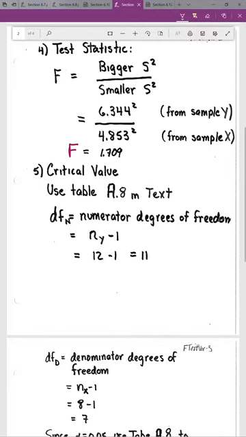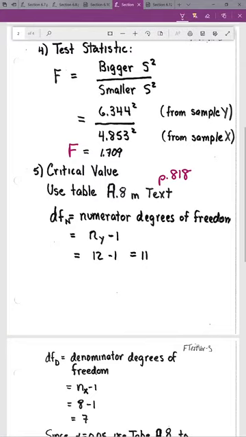Now this is going to have us use the new table for our F distribution. We can find this on table A8 in our textbooks, which for me starts on page 818. But again, that's only if you're using the same version that I'm using.